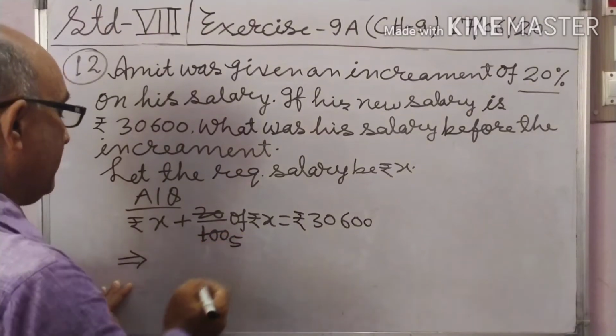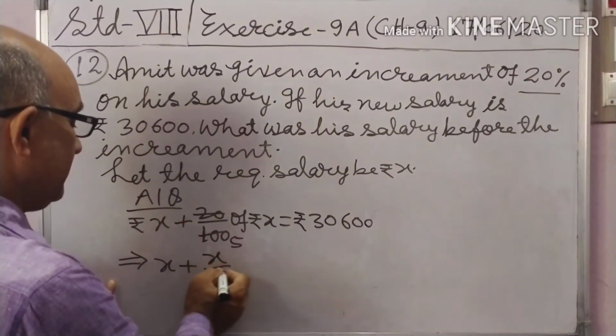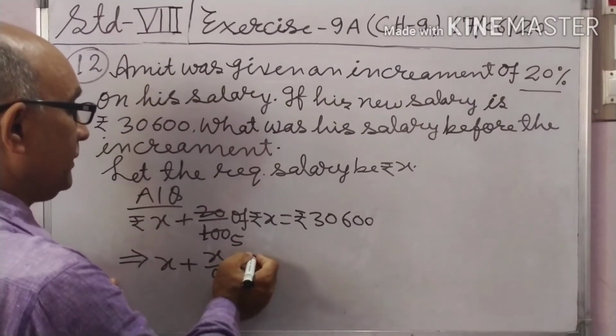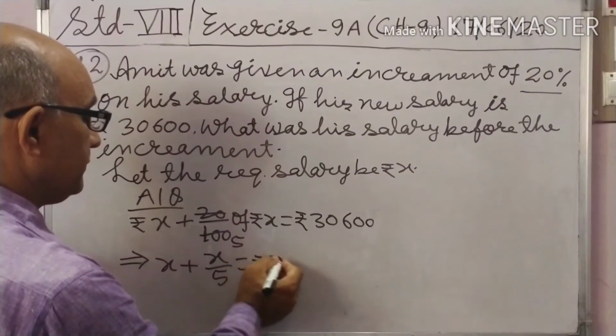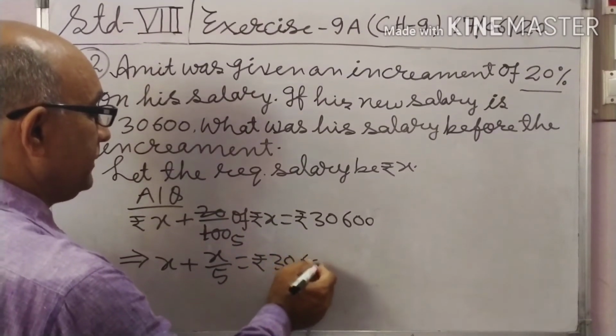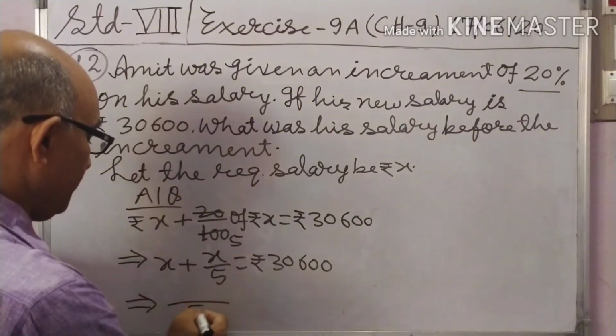25 ja 100. Now x plus x by 5 equal to rupees 30,600. In the next step, take an LCM of 5.